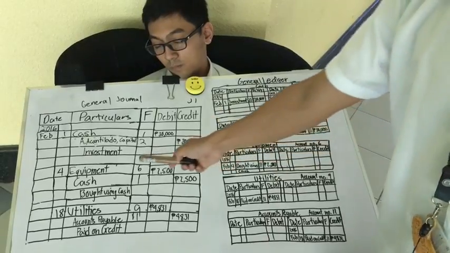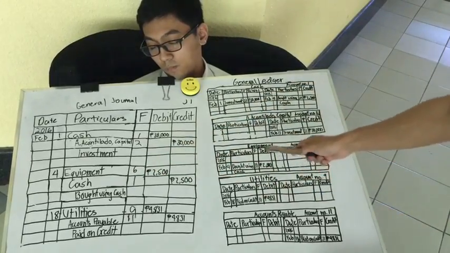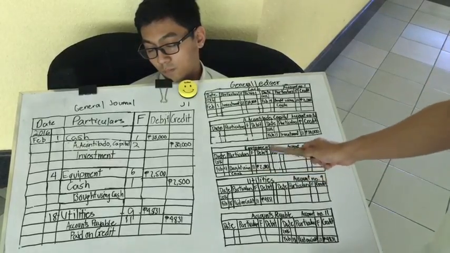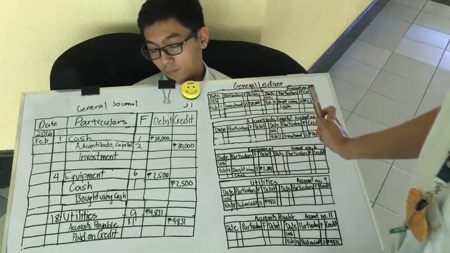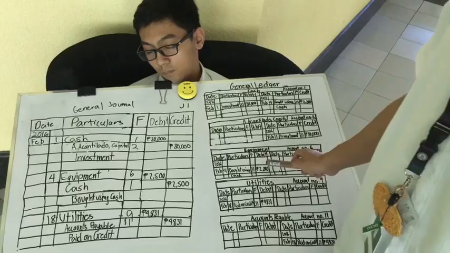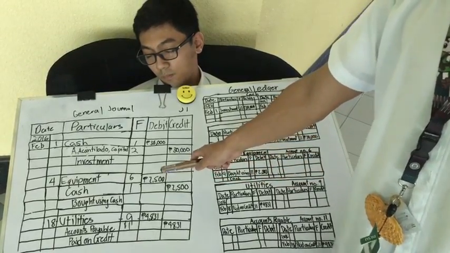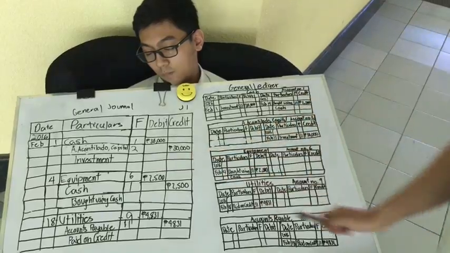We bought equipment using cash, so we write that as the particular, bought using cash. And then J1 for the journal number. And then the amount, on the debit side, since in the journal it's originally the debit side.